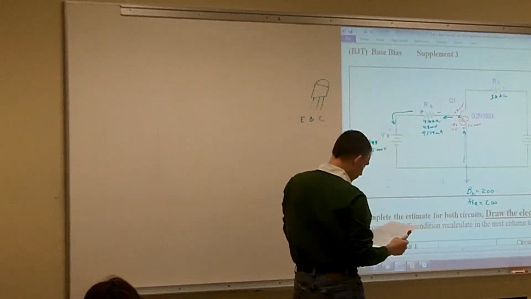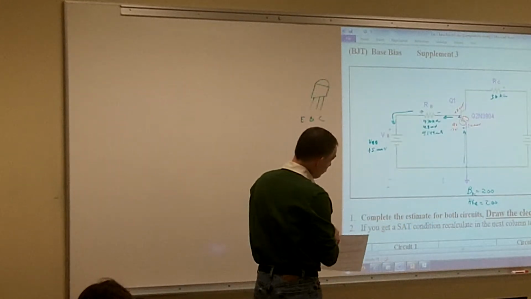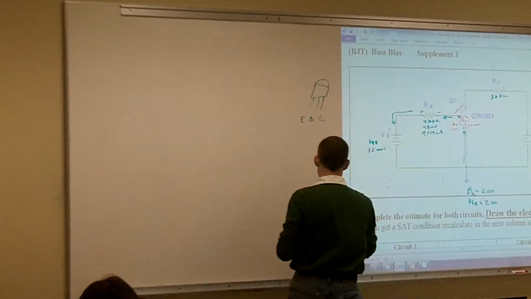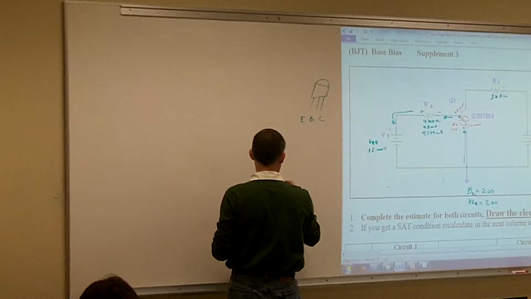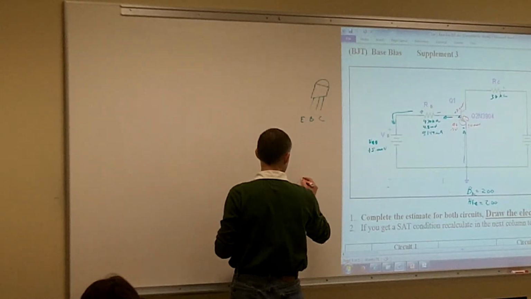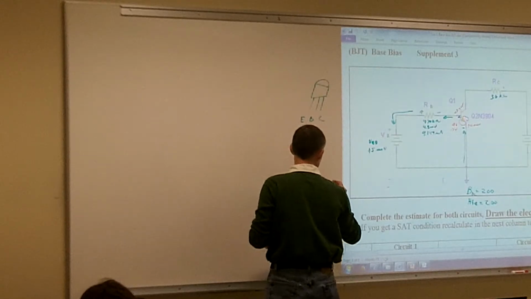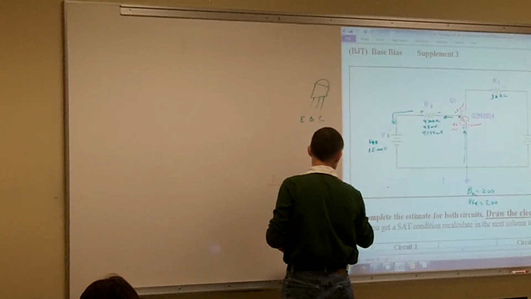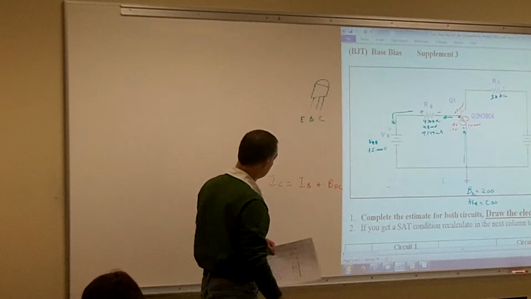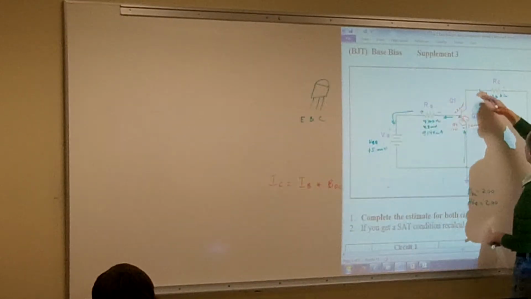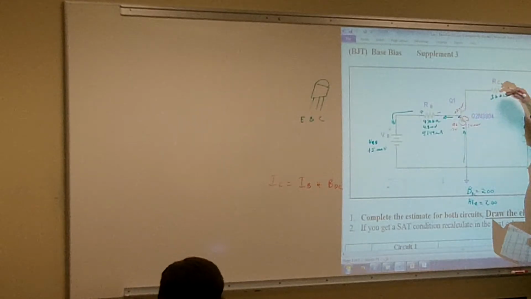To figure out what your collector current is, we're just going to figure out our collector current, IC, which is equal to IB times our beta DC. Okay, and that'll give us our current going through the collector.